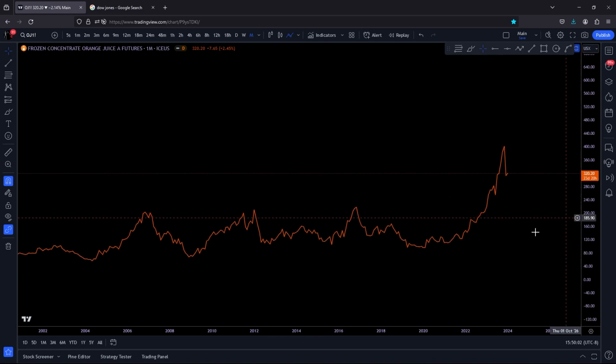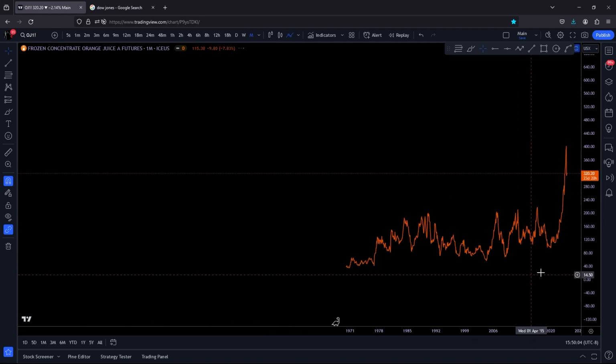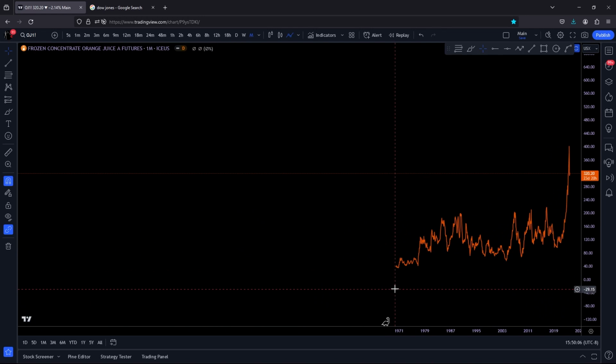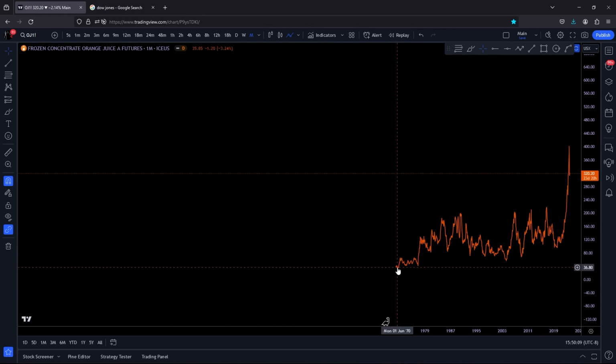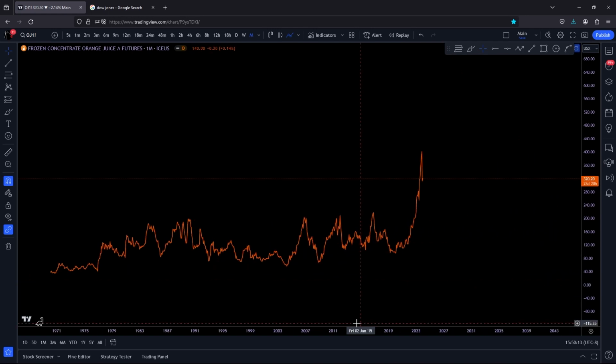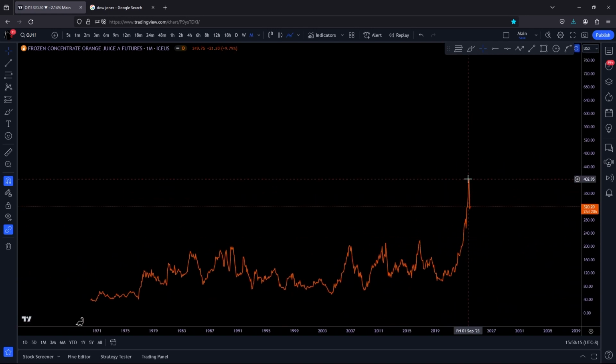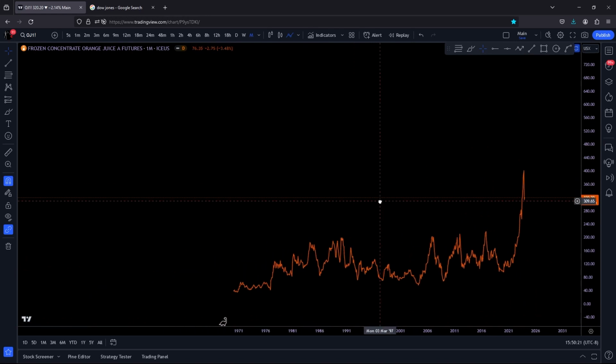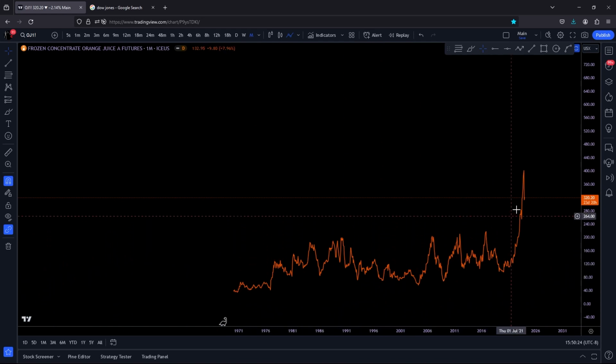So if we look at the monthly chart, and this goes back to 1971, where orange juice futures were $37. And the price got all the way up to about $415, we'll say. The overall market has been trending upwards. So that's pretty good.